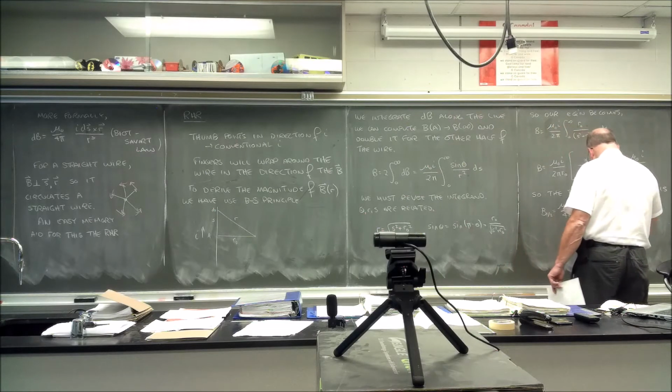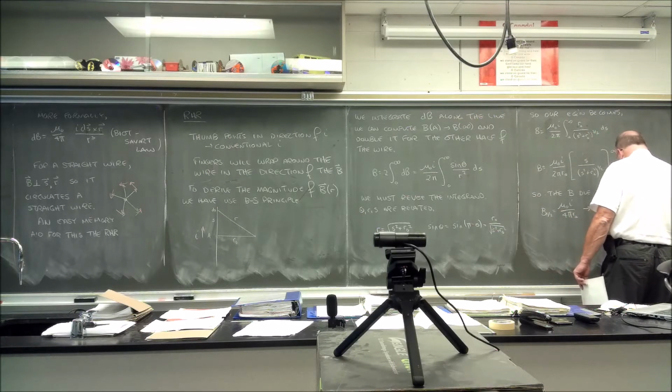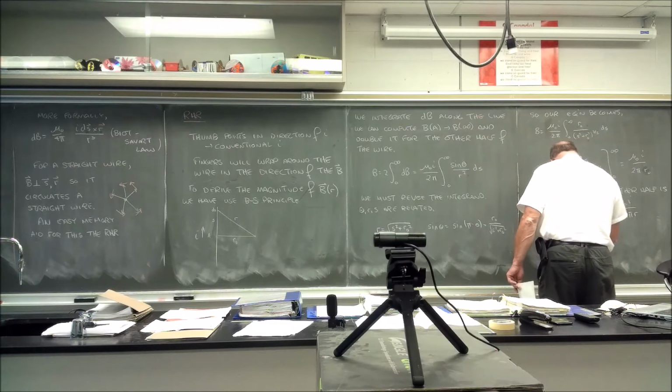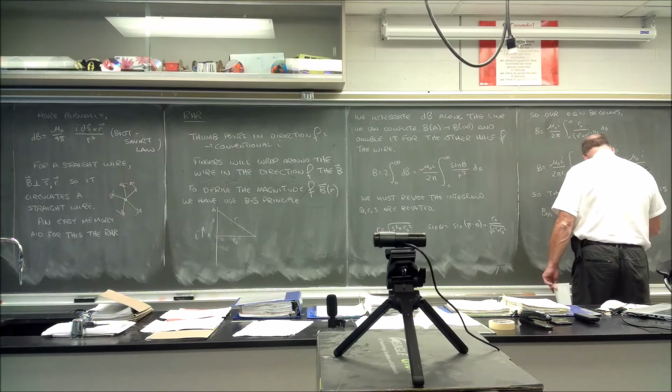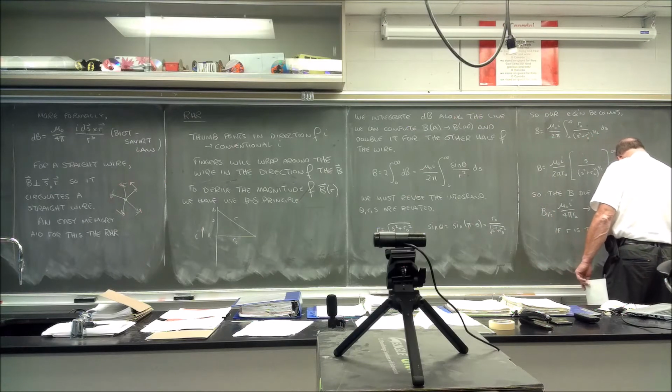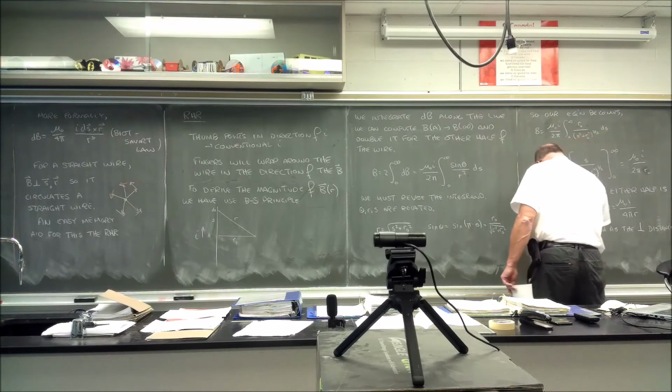Now we can step it aside and say B of R equals mu naught I over 4 pi R if R is taken as the perpendicular distance from the wire.